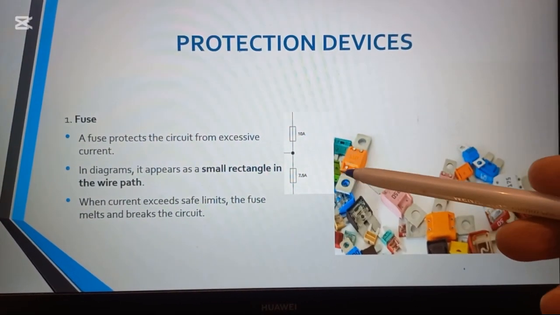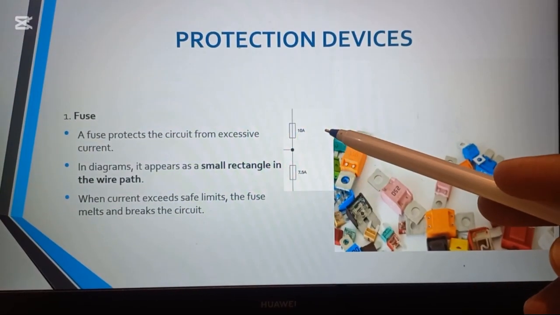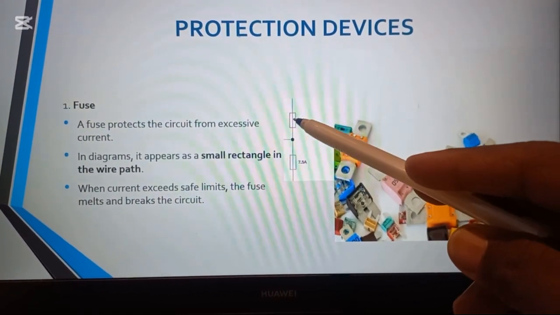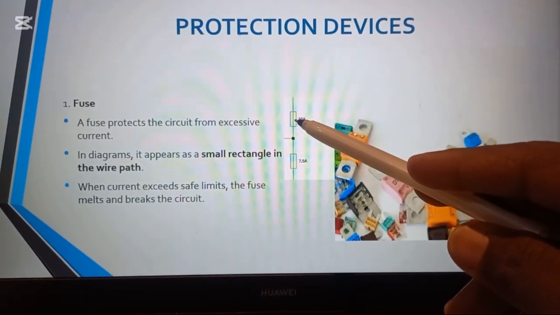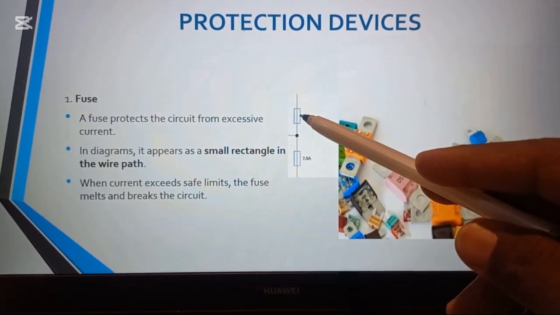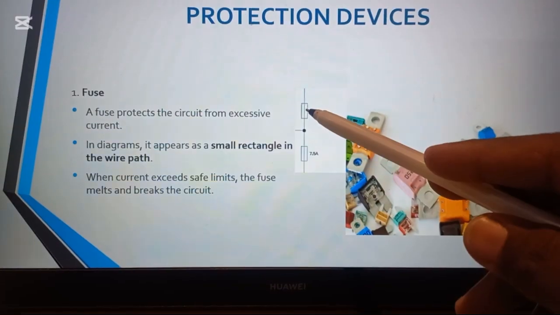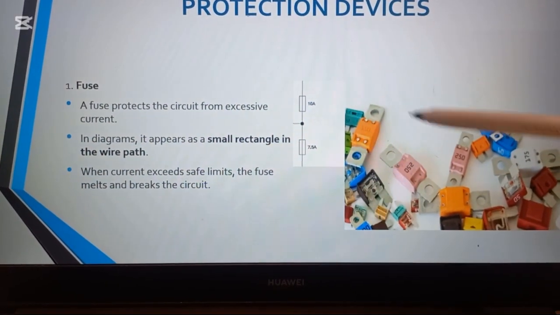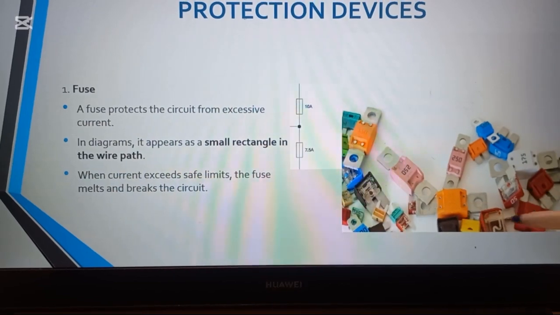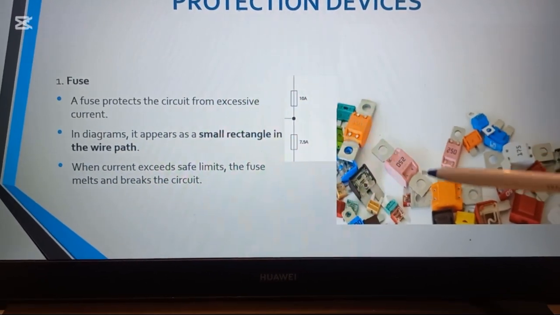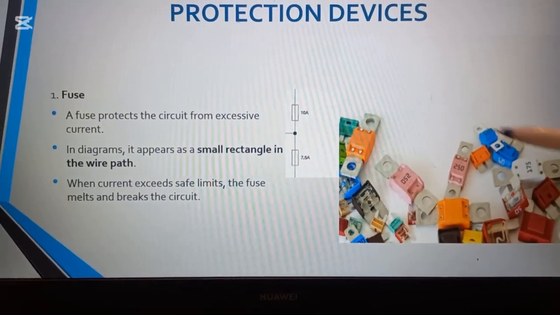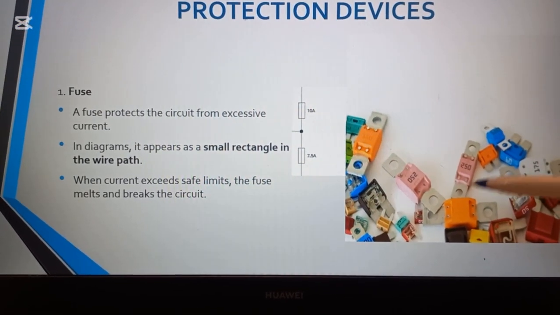When current exceeds the safe limit, the fuse will melt. The wire inside, if the current is more, will melt and cut off the excess power supply. And as you can see, this is the visual look of the fuse. There are several, but this is a sample of fuses. This is how they look.